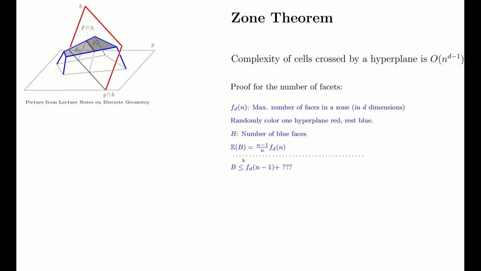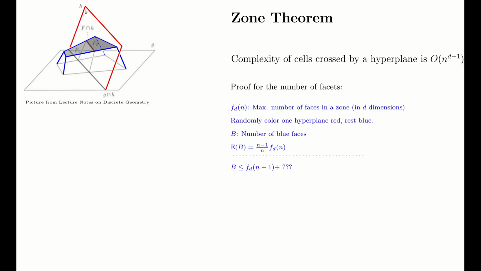Another way to count the number of blue faces is to remove hyperplane H. We will have n minus 1 hyperplanes left, and all of these hyperplanes are blue. By induction, I know that I have at most that many facets inside the zone of this hyperplane G. Since all of them are blue, I have at least so many blue facets in the original picture as well.